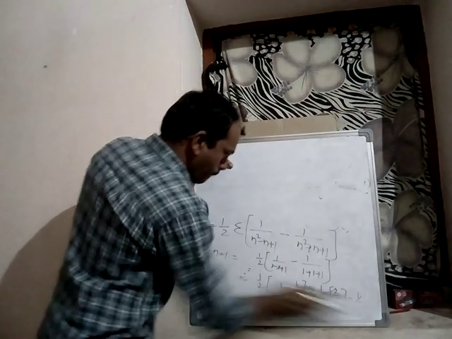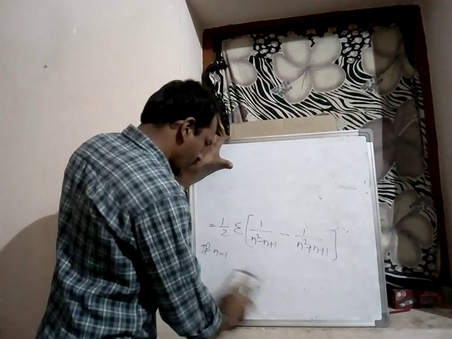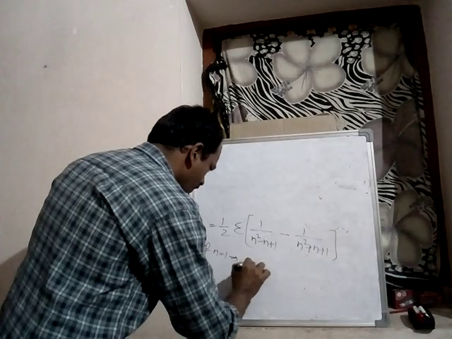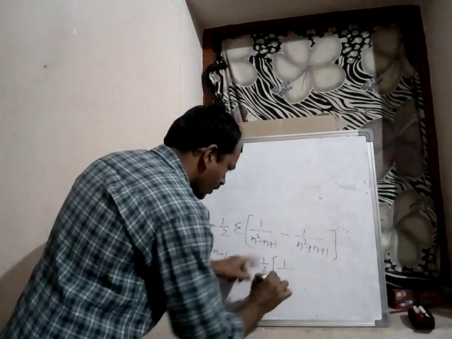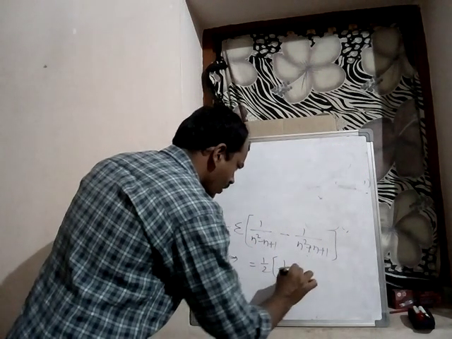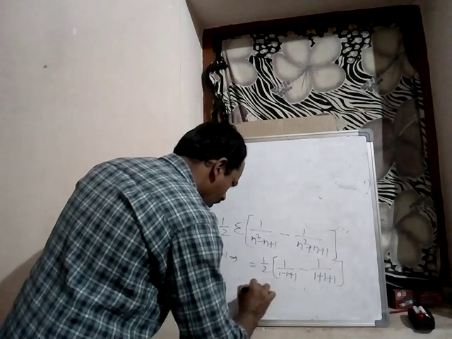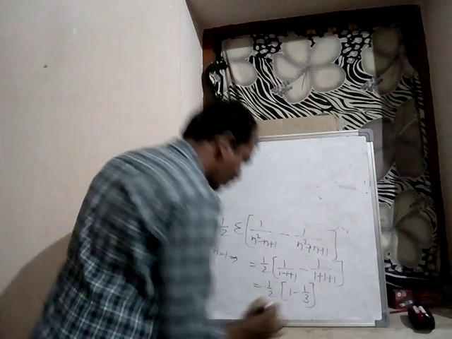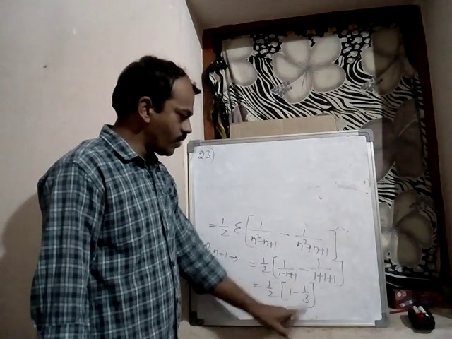Now observe, n is equal to 1: half of 1 by (1 − 1 + 1) minus 1 by (1 + 1 + 1). So clearly we get half of 1 minus 1 by 3, and half of this value is 1 by 3.